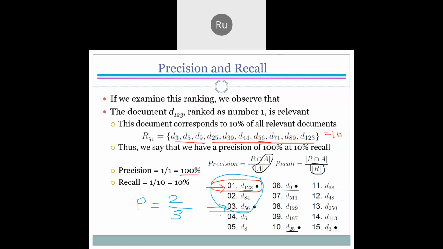Okay. So when we add the document, the precision is 2 over 3, because we have 3 documents, and out of 3, 2 of them belong to the relevant documents. So the precision is 2 over 3.